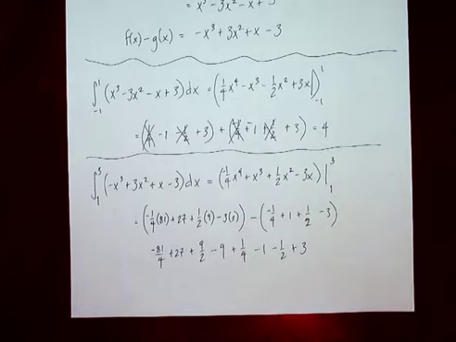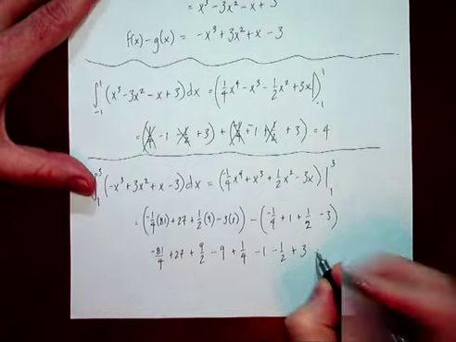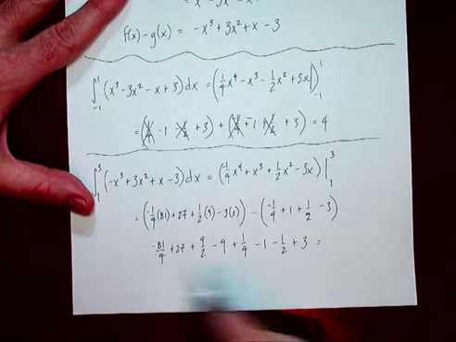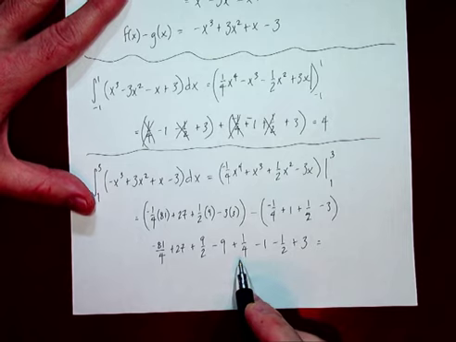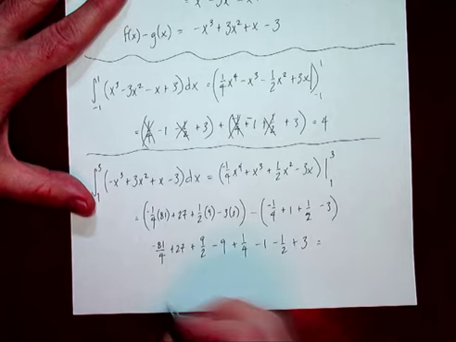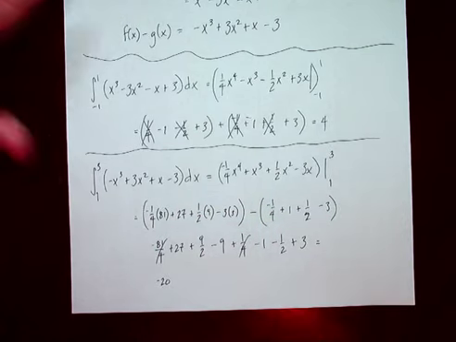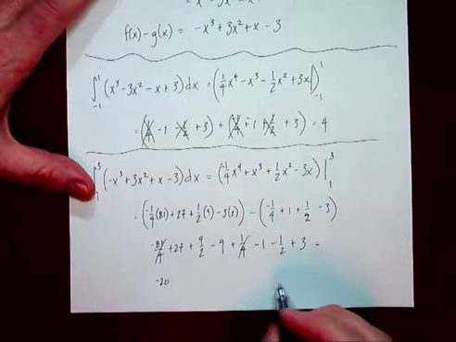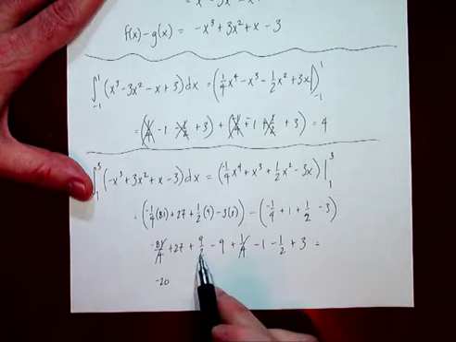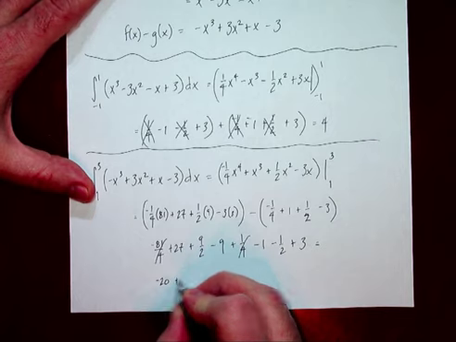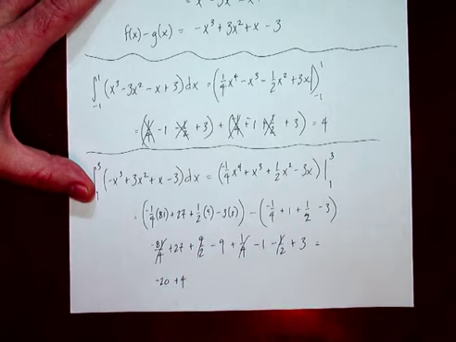Now, thankfully, a lot of these are going to be grouped together rather nicely. The negative 81/4 and the positive 1/4 gives you negative 80/4 or negative 20. Okay, so we'll cross those off, not because they cancel, but because I've already done the arithmetic. And now let's do the halves. 9/2 minus 1/2 is going to be 8/2 or 4. We'll cross those off because we've actually done the arithmetic.